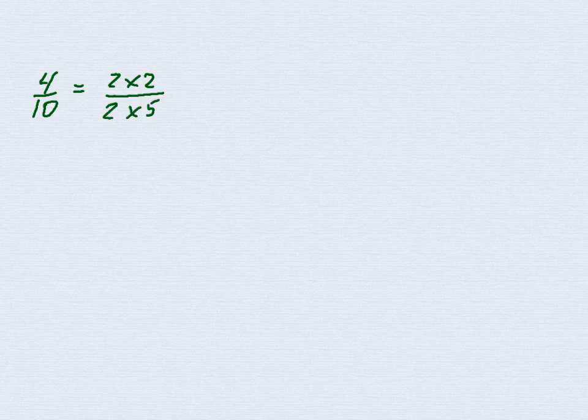So because we have a common factor, top and bottom, of 2, we can cancel one of those, divide top and bottom by 2, and we're left with what's remaining, which is 2/5. They are equivalent fractions, and 2/5 is reduced because nothing else goes into the top and the bottom.